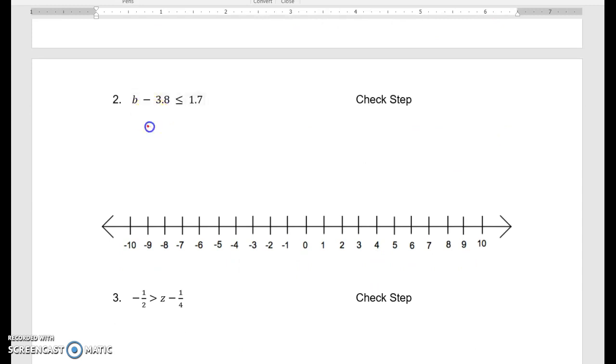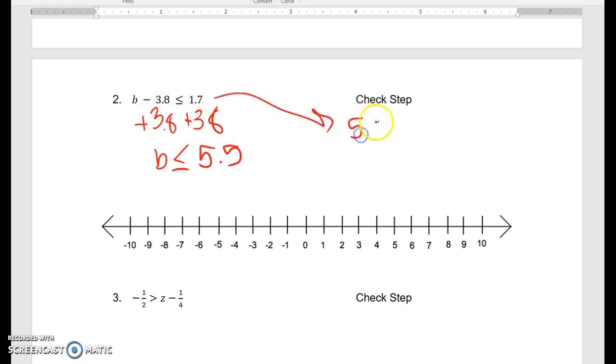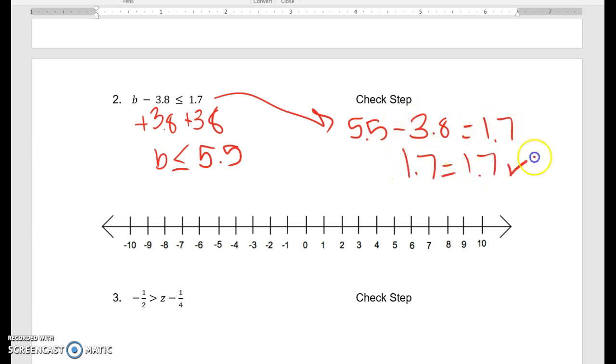So then next page, I'm going to add 3.8 to both sides. You're left with b is less than or equal to 5.5. I'm going to check it, rewrite this equation. 5.5 minus 3.8 equals 1.7. Do the math. 1.7 equals 1.7.